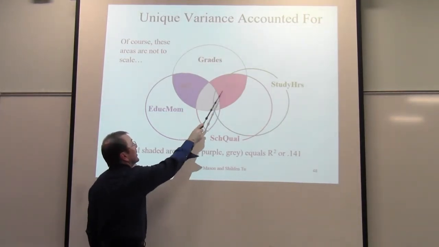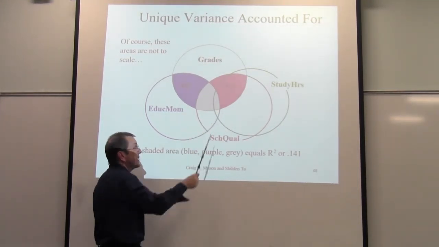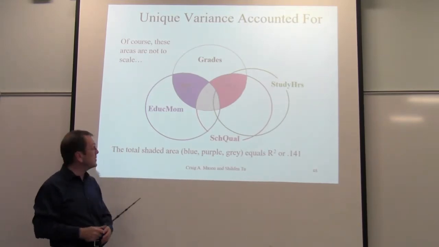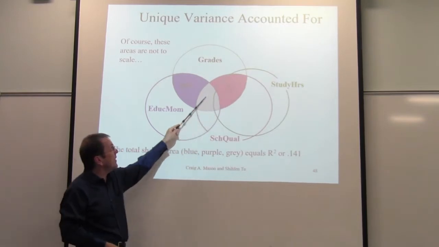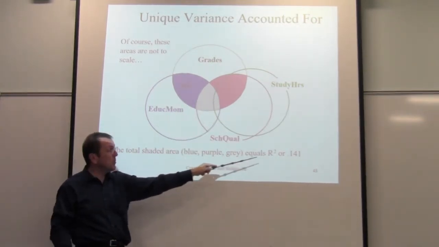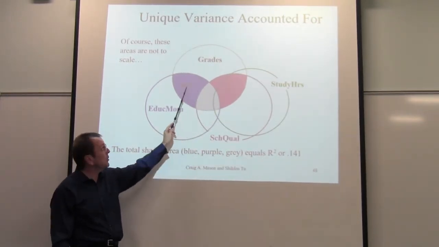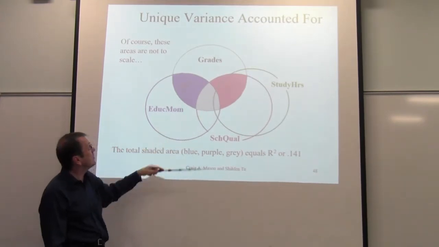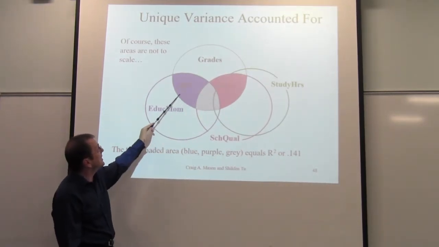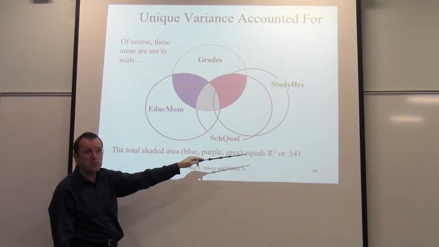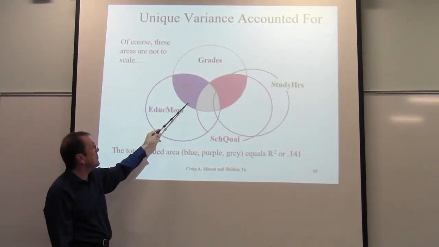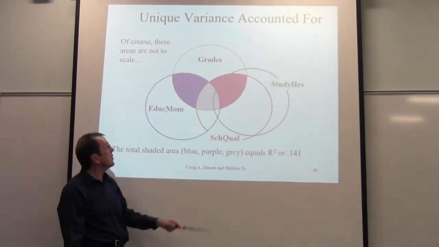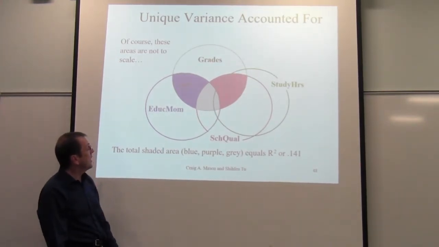So here, again, are the two unique effects. So it's kind of more information. The total variance is still equal to 0.141, right? The total shaded area is still equal to 0.141. But now we're able to see that of that 14.1% of the variance, 9.7% is unique to mom's education, 1.4% is unique to school quality, and what is that?